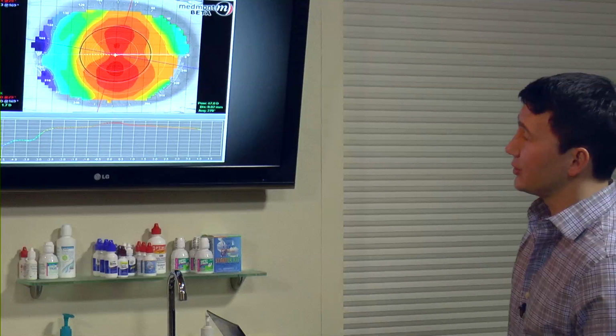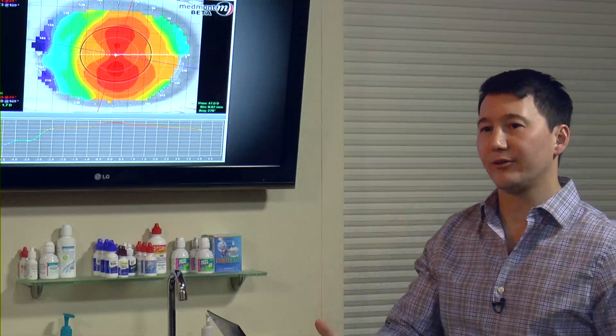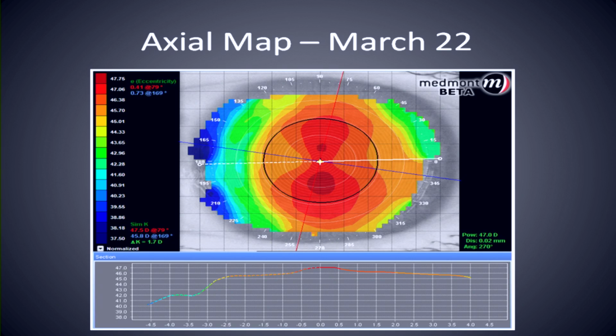Now here's the same patient another month after refit into a brand new parameter, a brand new Valley Contax toric lens. And the question would be, when you look at the axial map, do you see the normal figure 8 astigmatism? Can you presume that our lens has appropriately vaulted the corneal apex?